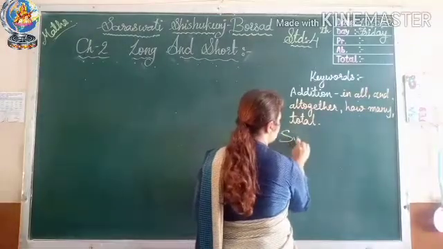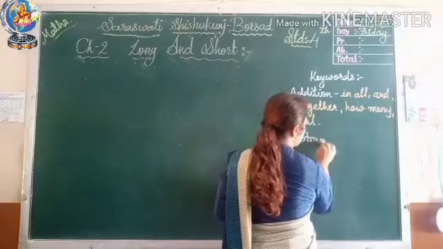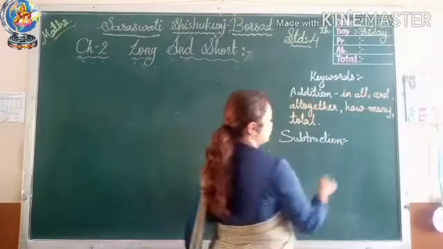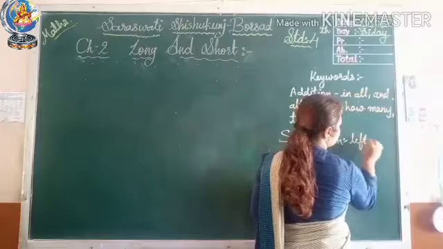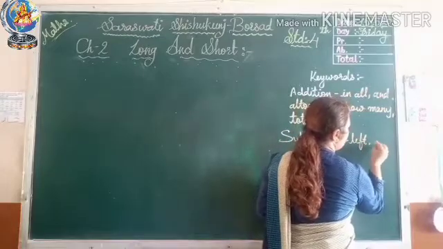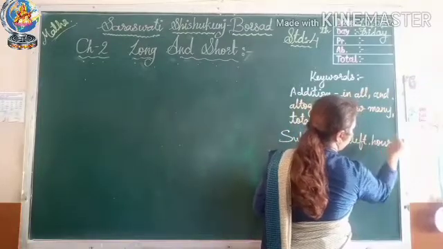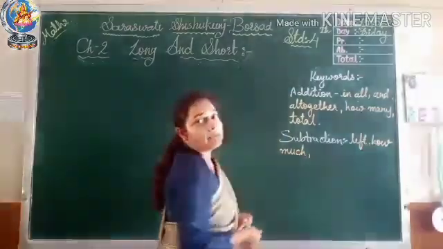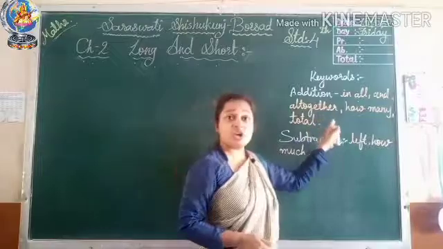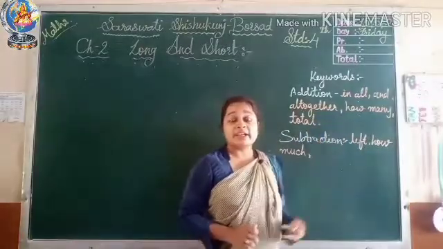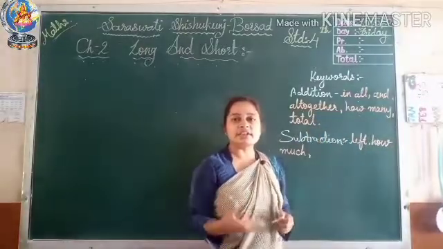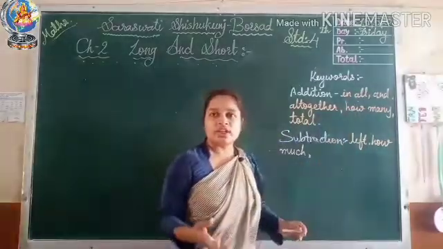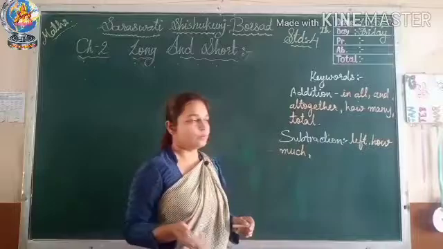Now the keywords for subtraction are: left, how much. One thing to remember is that how much is used in additions also, but at that time another keyword of addition is given, just like total or altogether.